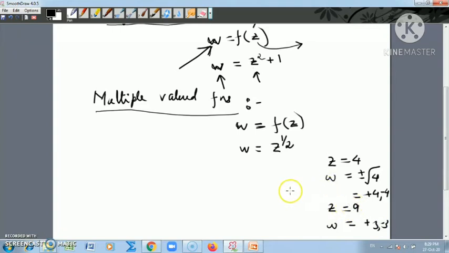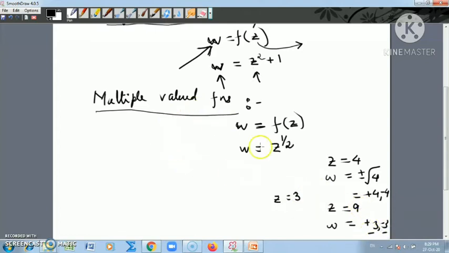Even if I put some other number, suppose z is equal to 3, still you'll have two values. So we'll get square root of 3 like that, square root of 2, we'll get like this. So we'll always have 2 like this.